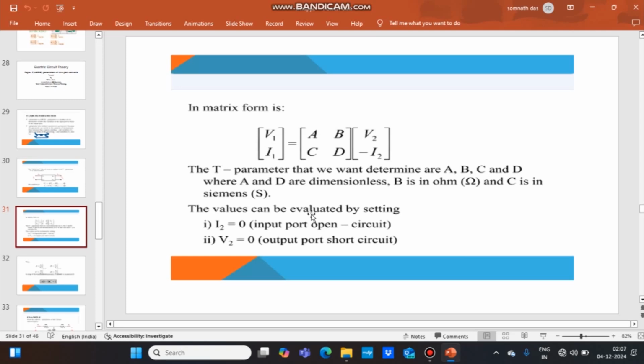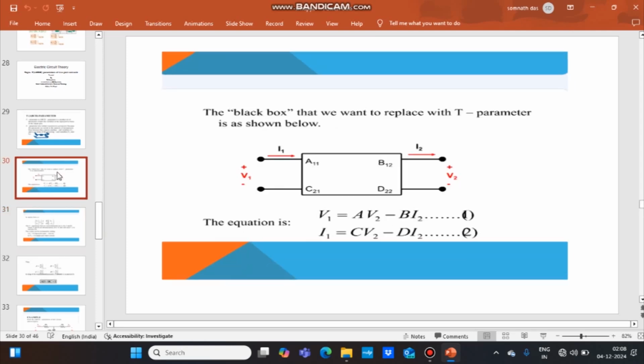Now to calculate the value of ABCD, we have to make two conditions. In one condition, I2 equal to 0 and in another condition V2 equal to 0. To make I2 equal to 0, the output port is open circuit, and when V2 equal to 0, the output port is short circuited. See from this figure, from equations 1 and 2 we will get the value of ABCD parameters.